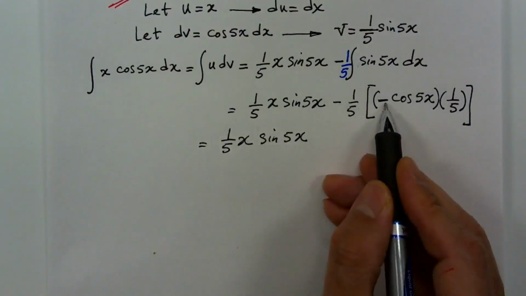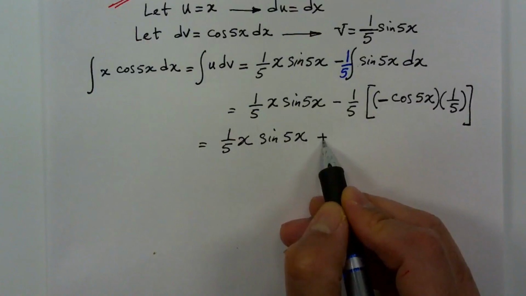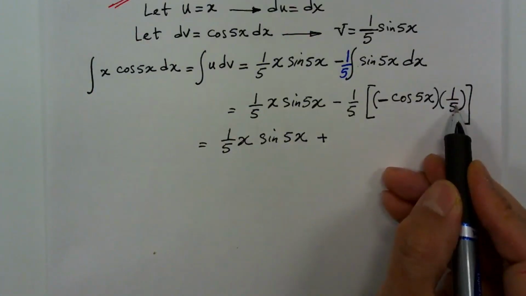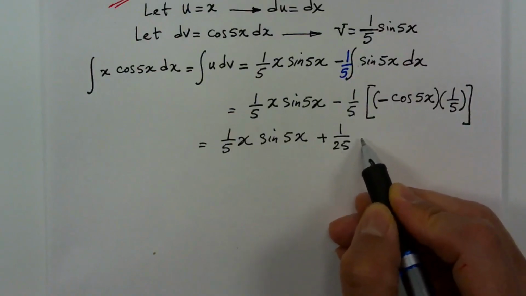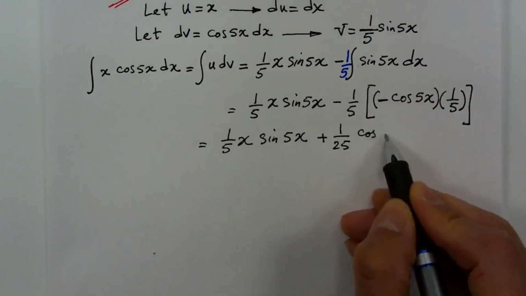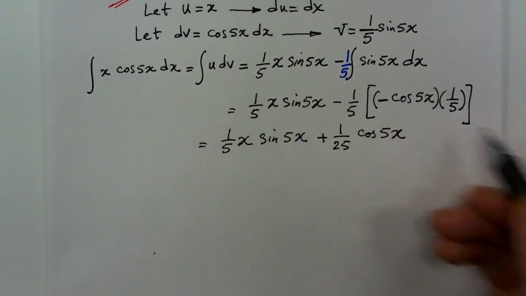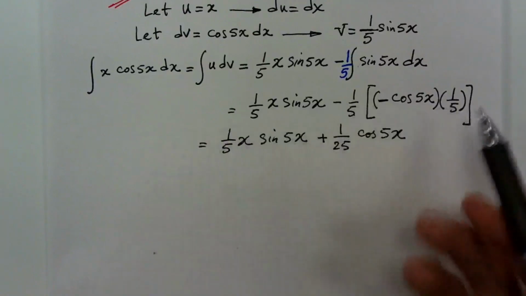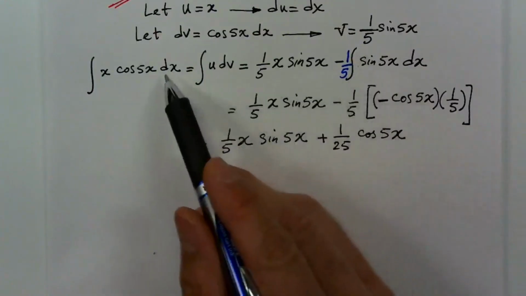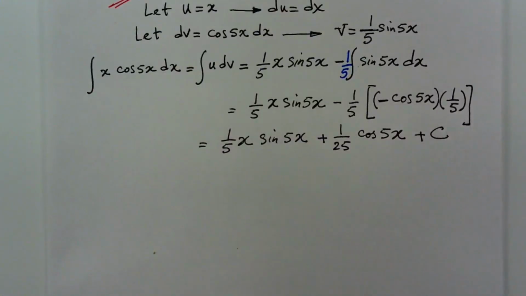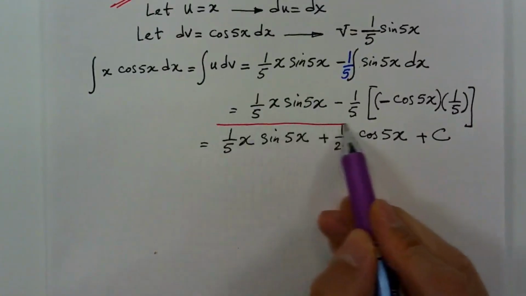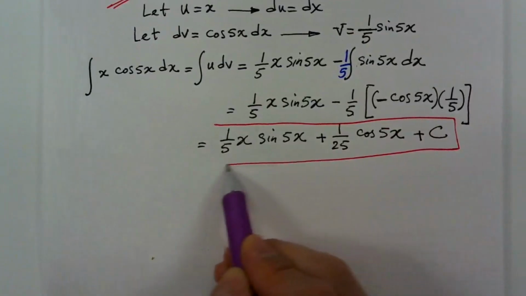Minus times minus is positive, so plus 1/5 times that 1/5 is 1 over 25 cosine of 5x. And of course, all of this was coming from indefinite integrals, so plus c. Okay, so this is our final integral.